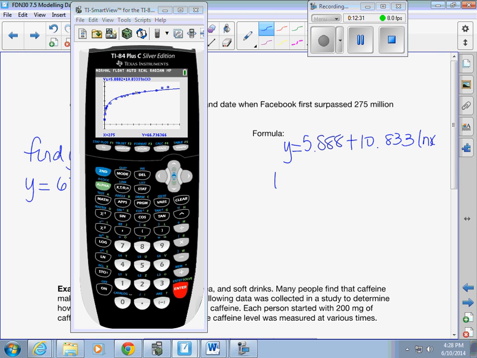So if you substitute in there, y is equal to 5.888 plus 10.833 natural log of 275. So if you do that on your calculator, it says 67.7 months, so same thing, 67 months, which would be 5 years and 7 months.